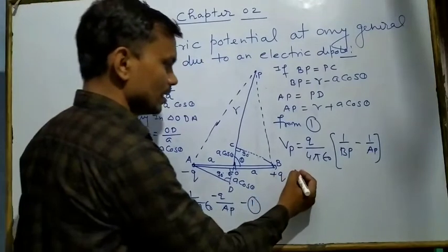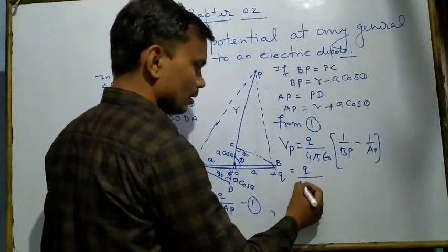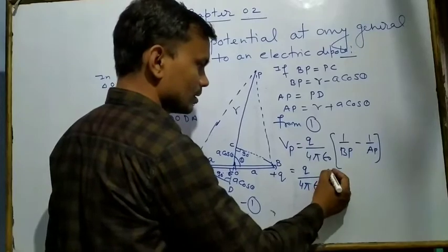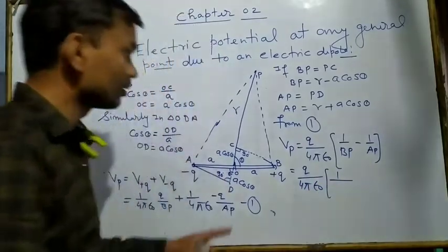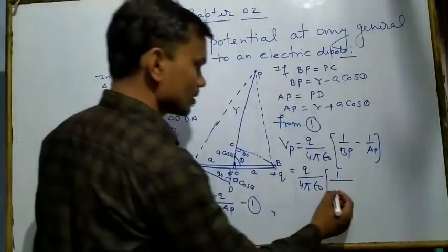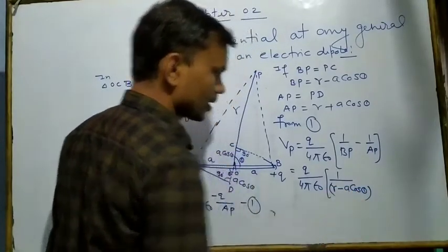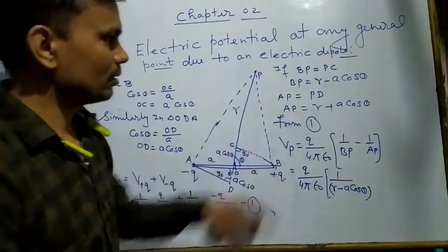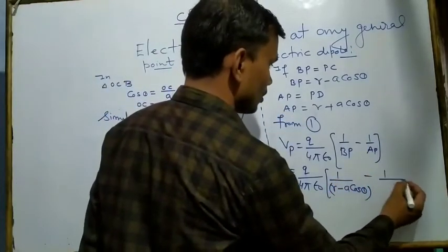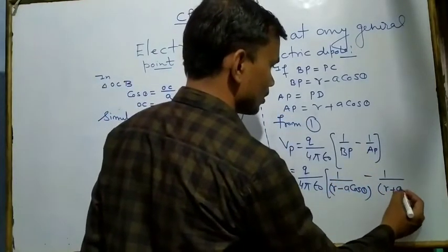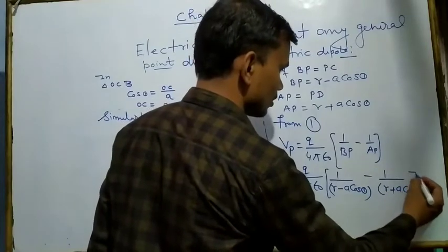So this is equal to Q upon 4 pi epsilon naught, and 1 upon BP, which we calculated as R minus A cos theta, minus 1 upon AP, which is R plus A cos theta.